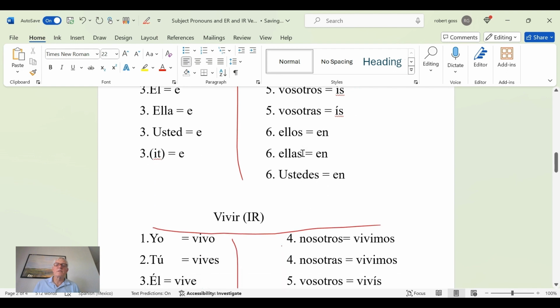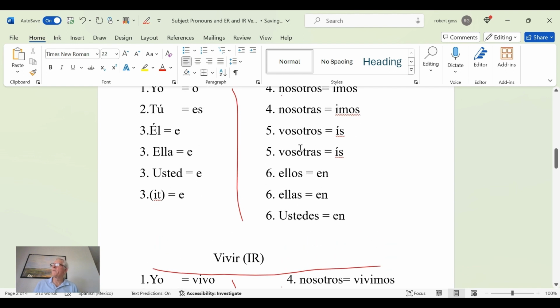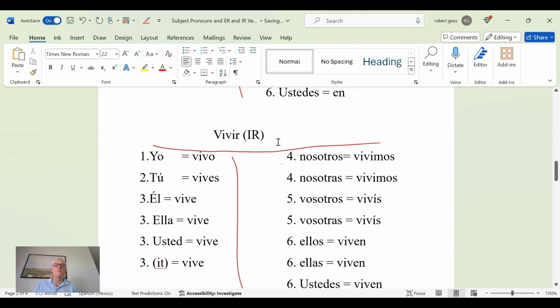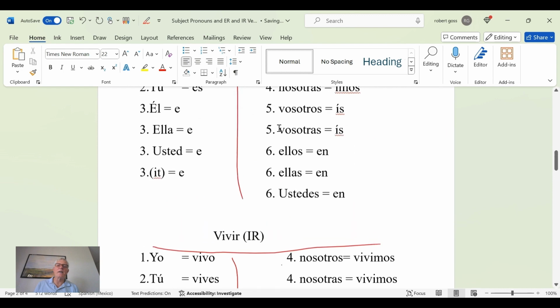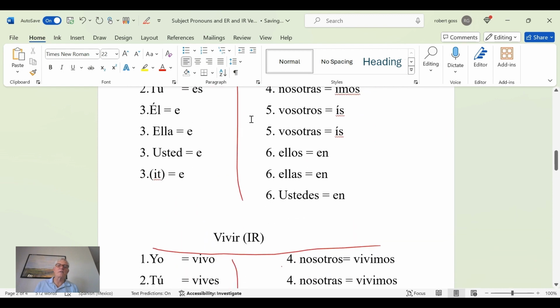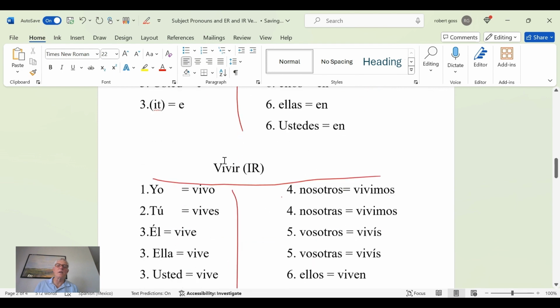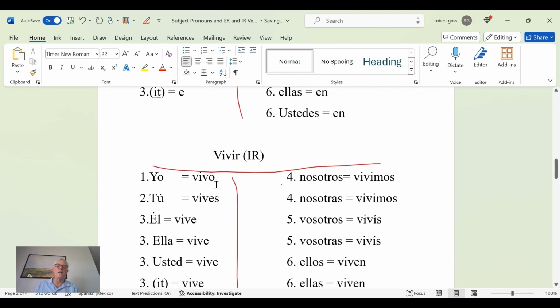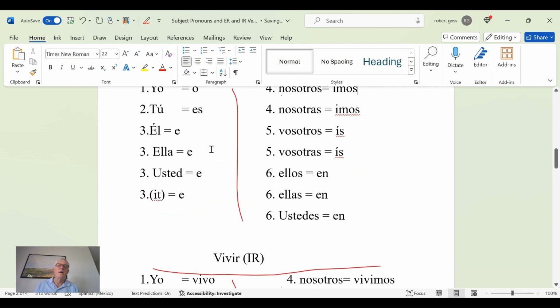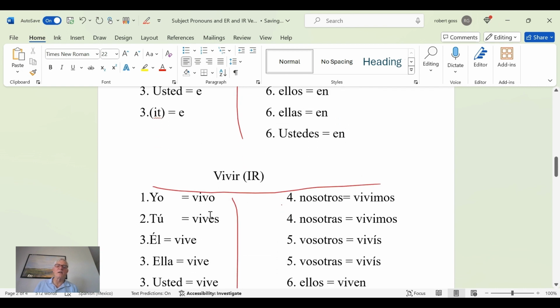So let's go through and pick a verb as an example. Let's pick the verb vivir. Vivir means to live. If I want to say I live, I'm going to cross off the IR, and for yo, I would put the O ending on. So yo vivo, I live. Tú, we would cross off the IR and put the ES ending on, tú vives.